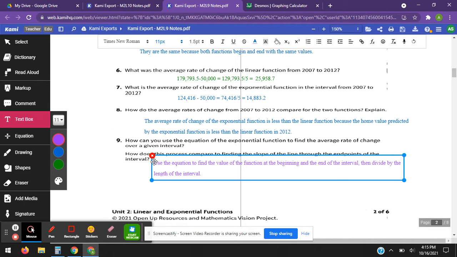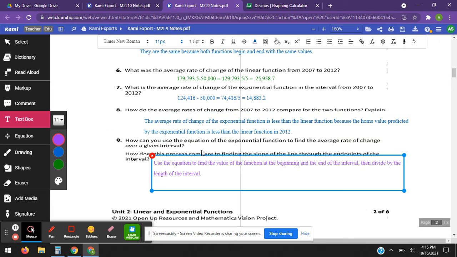We have to have a specific interval on there. So how does this process compare? It's the same process. It's finding the slope of a linear equation or between 2 points.